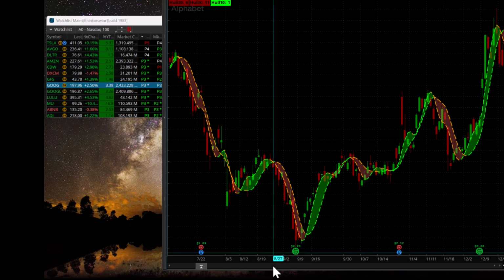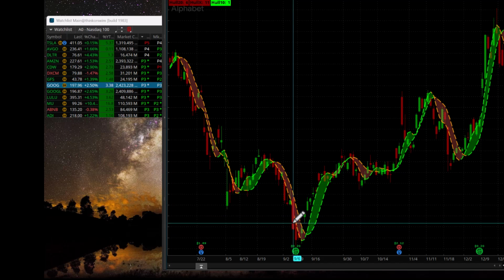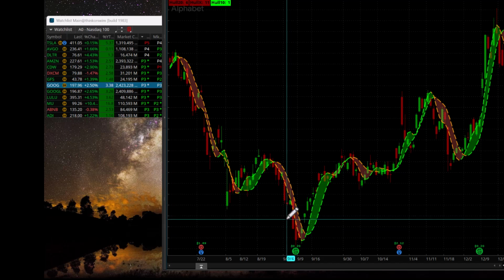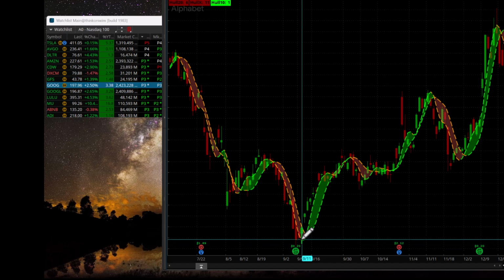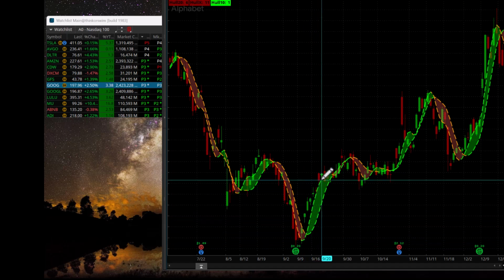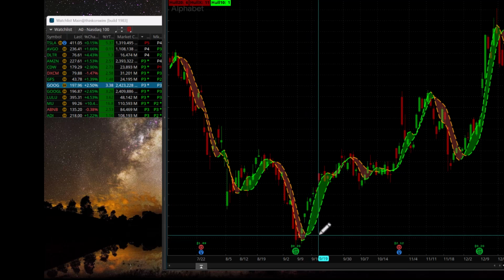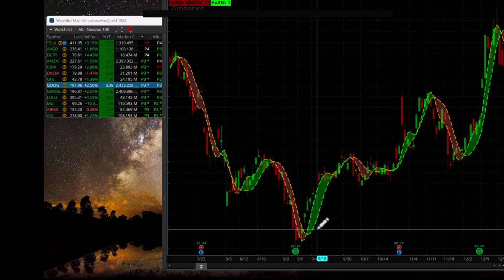And if you look at the scenario, you can see that it doesn't always, but it tends to set up to where the 10 will reverse directions first. You'll have a cross through the 20, and then maybe at the same time as the cross or slightly thereafter, the Hull 20 is going to reverse directions as well.